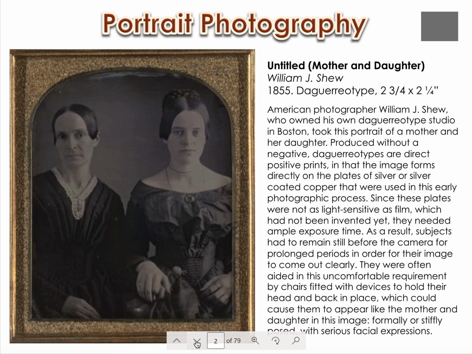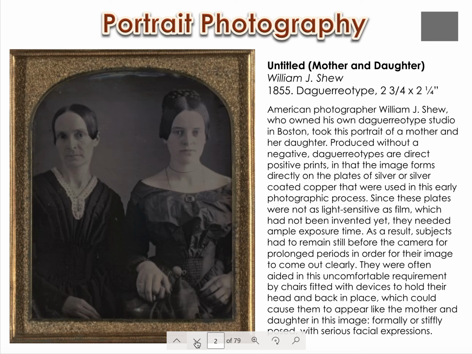What had to happen in these daguerreotypes was that the person being exposed on the print had to hold still for a very, very long time. So often they would create chairs that would hold people in place, and they were very uncomfortable. That's why when you see this daguerreotype shot in 1855, they look very still.